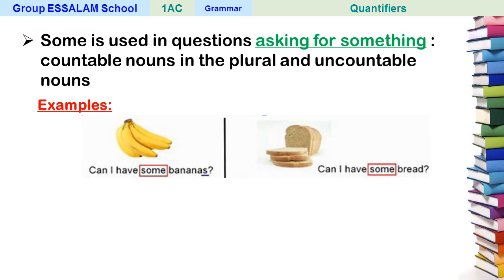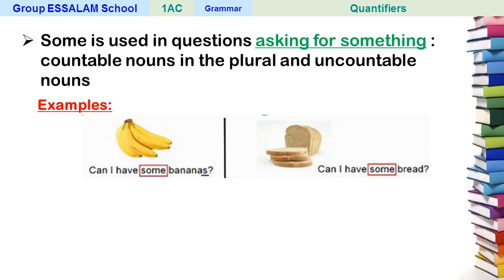So look at this sentence. Which form is it? Is it positive? No, it is a question. Here we are asking for something. We are asking for bananas. For example, you can ask your mom, "Mom, can I have some bananas, please?" Yes or no? For example, when you are hungry, you are asking your mom, "Mom, can I have some bananas, please?"